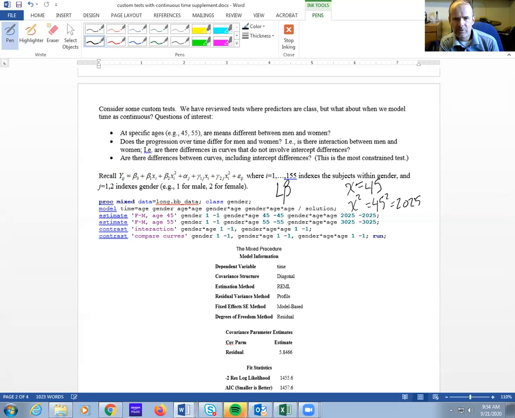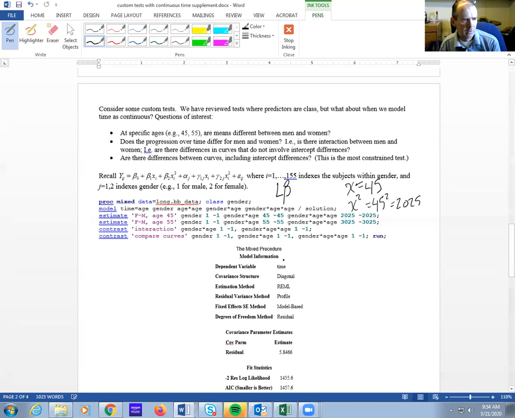A lot of times you will have more specific research questions that you need to write your own custom tests for. And I think a lot of people in practice maybe won't do it, and they'll just end up using whatever the computer output shows them. But we want to be able to write our own specific tests that are related to our own research questions of interest. So I think it's pretty important.